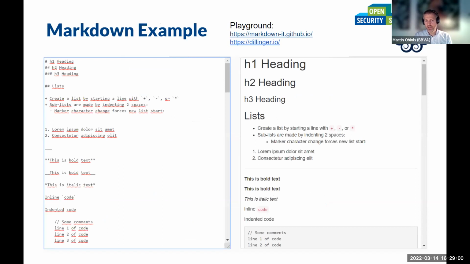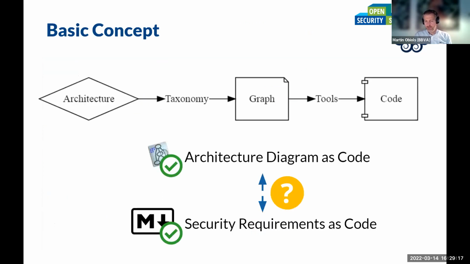We don't need any fancy features for this sort of documentation. We can embed images, bullets, lists, basic formatting, which is more than enough to write this sort of document. All right, so we have architecture diagrams as code, and we have security requirements as code.